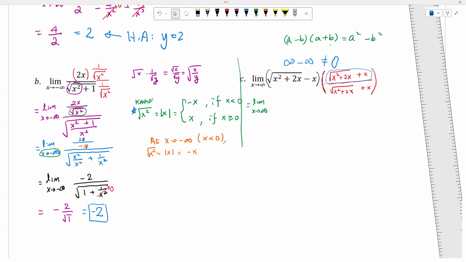So in this case, we will have the square root of x squared plus 2x, squared, minus x squared, all over the square root of x squared plus 2x plus x.